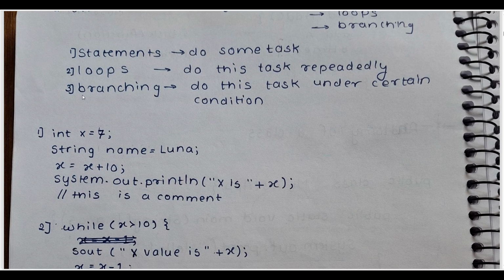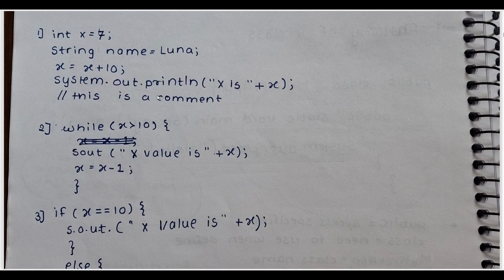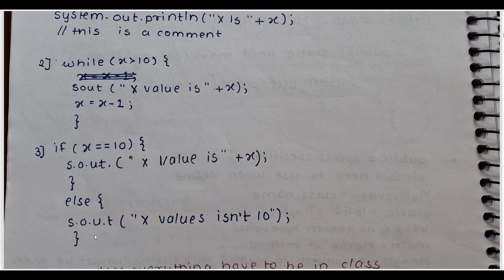Then here comes branching. We'll look here. Now here, if x is equal to 10, System.out.print("x value is 10"), else System.out.print("x value isn't 10"). So here it will just check.